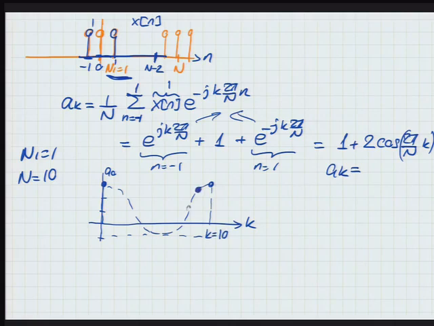So you get things like this, right? So the Fourier series coefficients are going to be points on that cosine thing, right? So unlike the case where we had an impulse train and n1 equal to 0, in this case, not all a's are the same. They are actually changing.